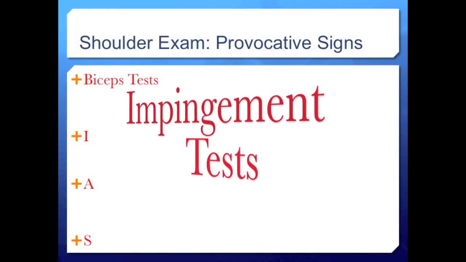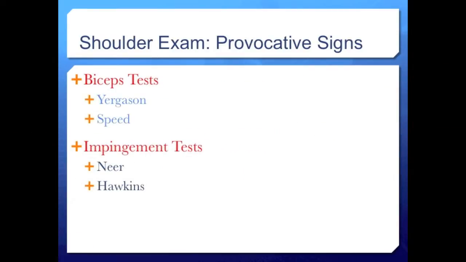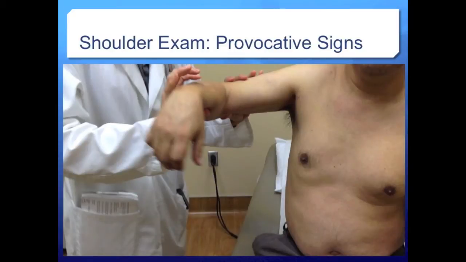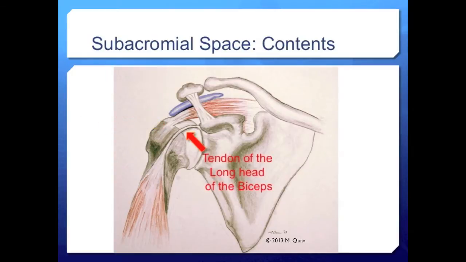After B for biceps comes the I for impingement tests, Neer's and Hawkins. Neer's and Hawkins are both high-yield tests for diagnosis because the subacromial space is often the site of the patient's pain. Remember from our anatomy review that the subacromial space contains the subacromial bursa, supraspinatus tendon, and biceps tendon.